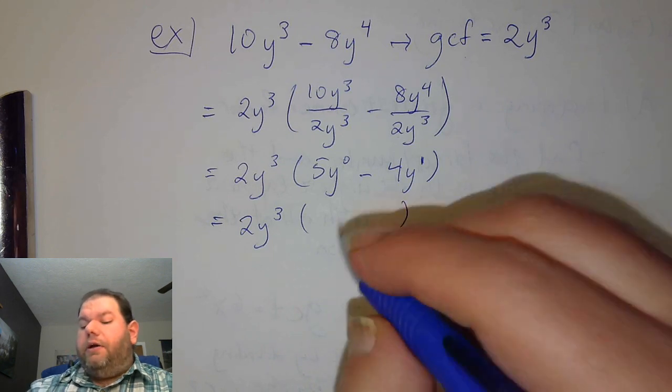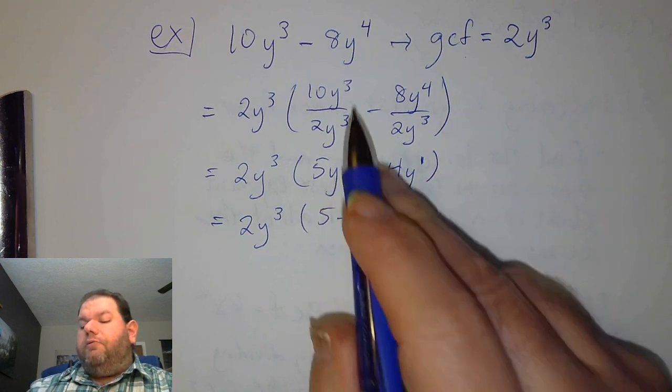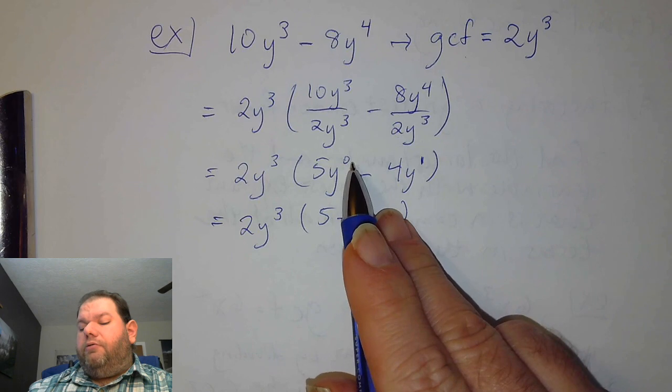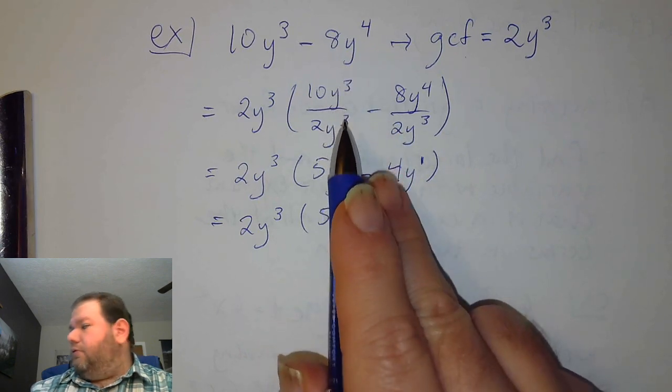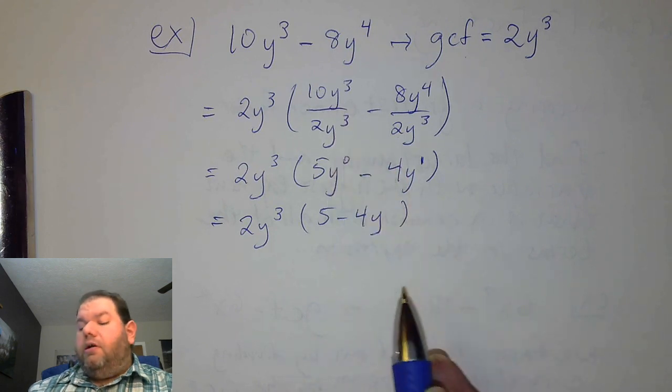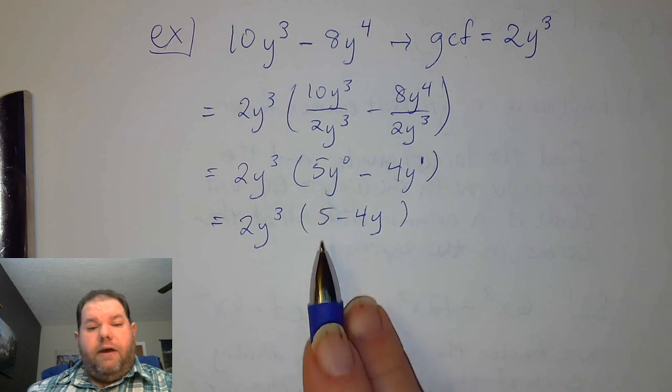Five minus 4y. Well, we would either write y to the 0, or since they are identical, y cubed over y cubed, either y to the 0 or not anything at all. We would just write a 5 down there.